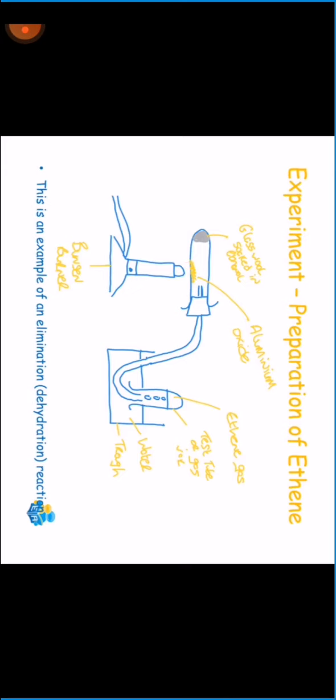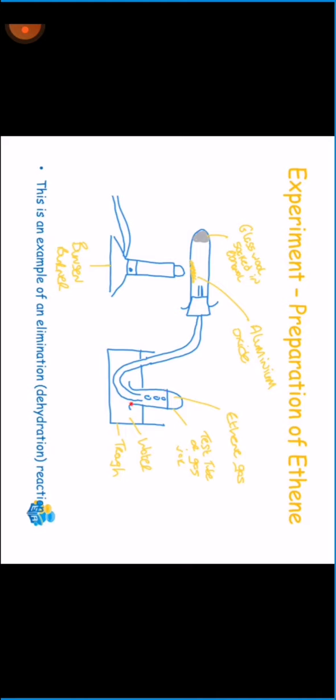What happens is that it causes the test tube to heat up, and the ethanol starts to evaporate from the glass wool, and it starts to float over the aluminium oxide. And when it's doing that, it's getting dehydrated. So the ethanol is losing water and forming ethene gas, which flows through this tube and into our test tube here.